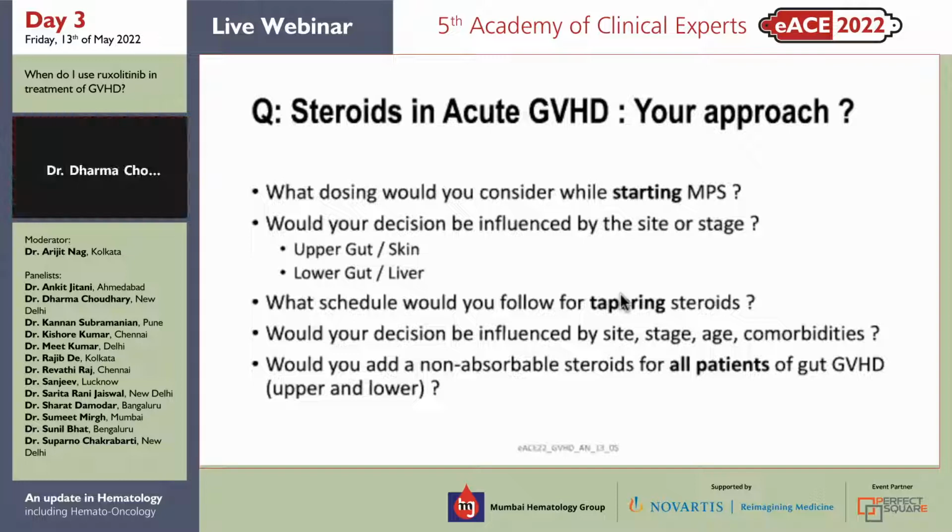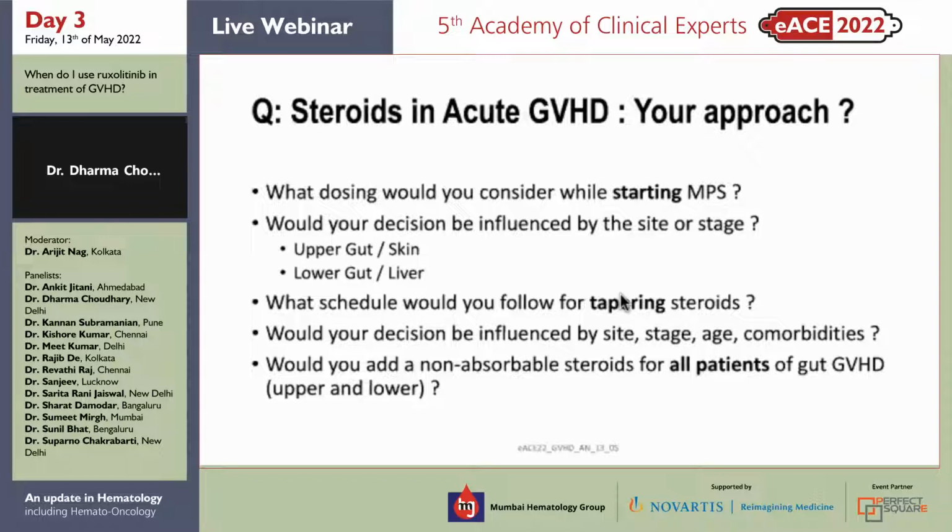We give full dose for 2 weeks and then we start tapering. So usually in clinically significant acute GVHD, the taper will be for 4 to 6 weeks.